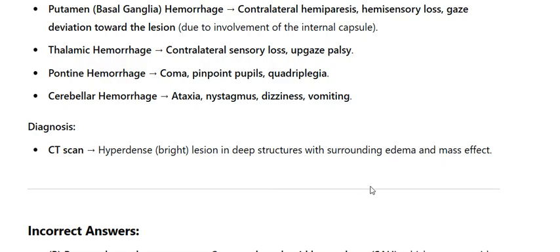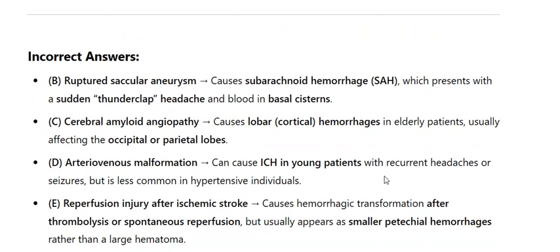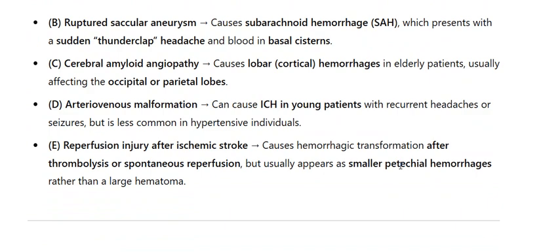Incorrect answers. B. Ruptured saccular aneurysm causes subarachnoid hemorrhage, which presents with a sudden thunderclap headache and blood in basal cisterns. C. Cerebral amyloid angiopathy causes lobar cortical hemorrhages in elderly patients, usually affecting the occipital or parietal lobes.